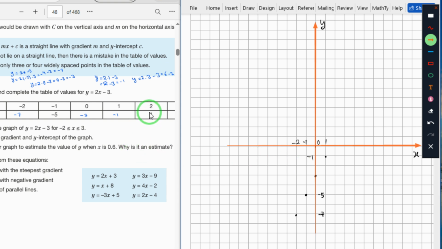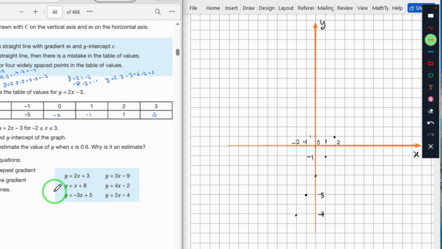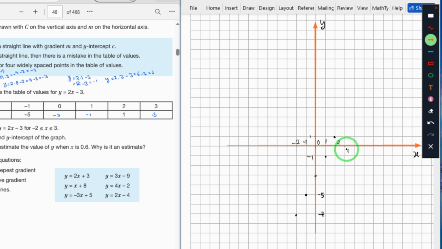And next one, x is 2, y is 1. We come horizontally from this point, y is 1. And the last point, x is 3 and y is 3. Here x is 3, and we go up to reach 3.